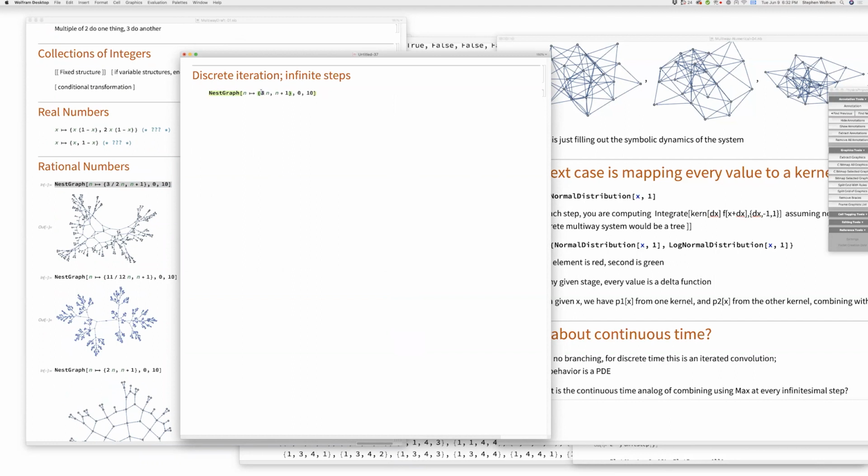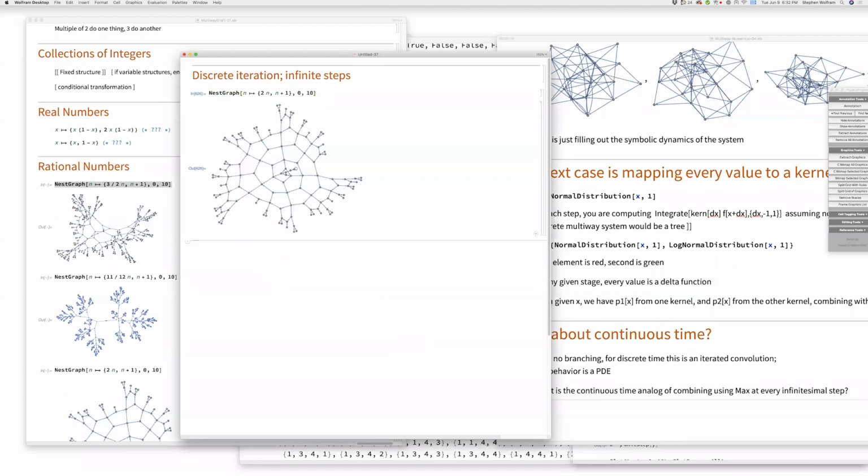This was the, you know, this creature, right? What is the infinite time limit of this creature? I mean, the infinite time, what can we say about this?